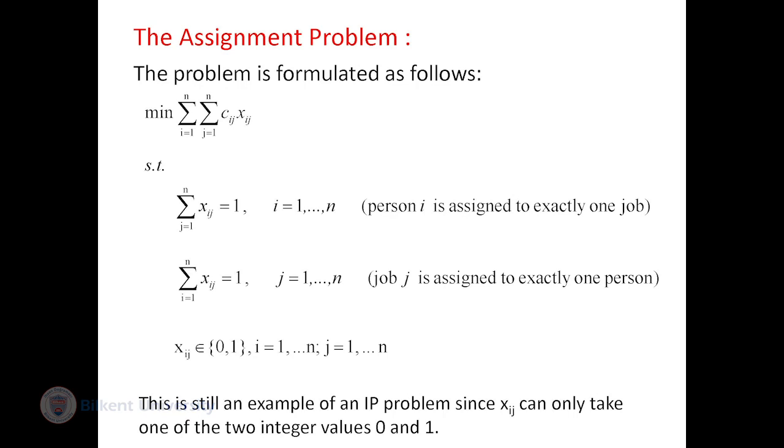And the second constraint is doing the same thing, but this time fixing the job and summing over persons. So this is x11, x21, x31, x41 equals 1. The second constraint, right? Task 1 has to be performed. And these xij's are binary variables.